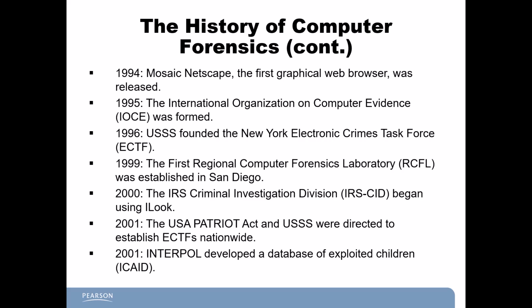In 95, the International Organization on Computer Evidence, IOCE, was formed. Then in the US, the New York Electronic Crimes Task Force was founded, again with a similar name, ECTF. Then we had the first Regional Computer Forensics Lab, that was in San Diego. Then the IRS Criminal Investigation Division started using iLook.